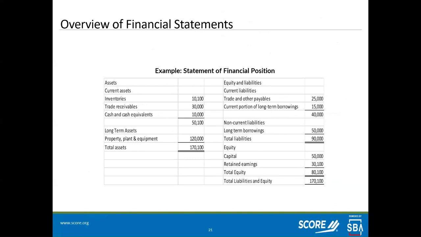Here's a pretty simple example of a balance sheet, the statement of financial position. Go down the left side, current assets. We have inventory. I think we all understand what that is. And it's a current asset because anything that we have in inventory, we expect we will consume over the next 12 months. Next one, trade receivables.